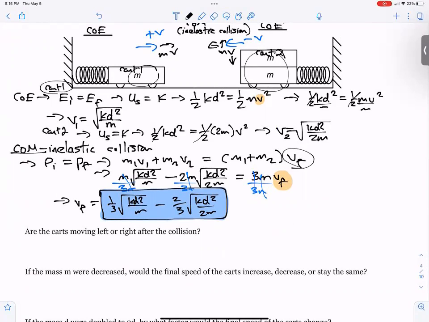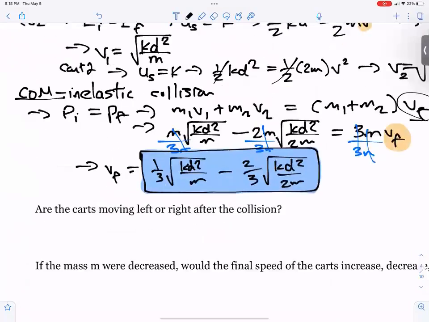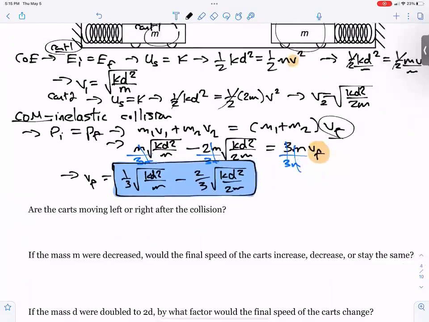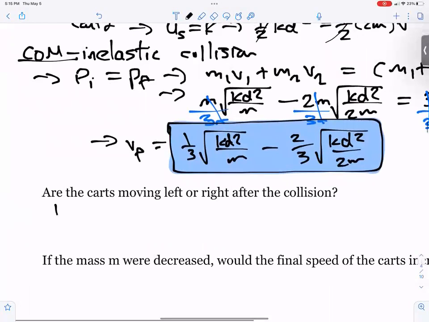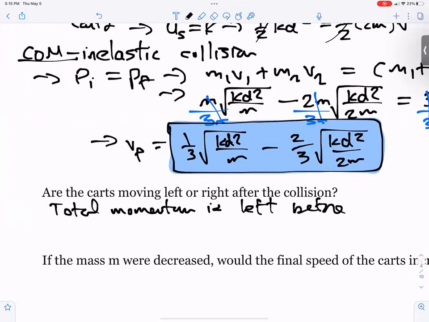So then what you end up with is a little bit less velocity, but it turns out that the doubled mass is actually more than the less velocity. So you actually have a greater momentum coming from the left than you do from the right. So the total momentum of the system is, before collision, directed left. The total momentum is left before the collision.